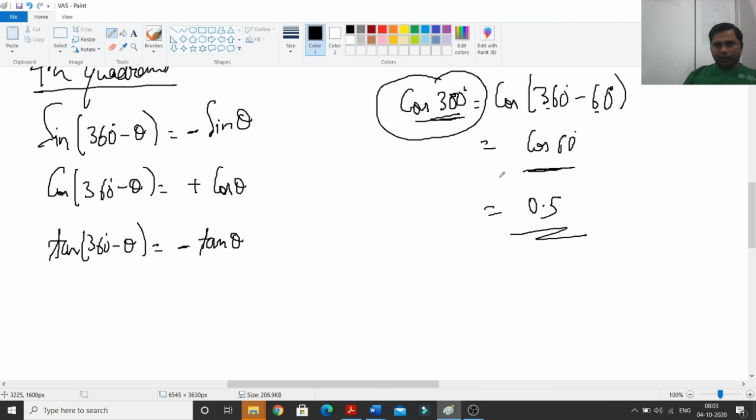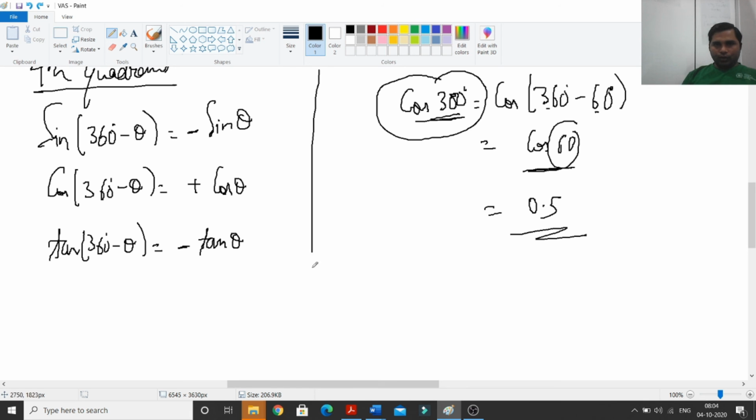But this method will be useful for you to understand that cos theta value is the same as cos 360 minus theta. That's why while solving problems, once we get the answer in the first quadrant, which is 60, the next quadrant will be 360 minus 60, which is 360 minus theta. So that's why you were getting 300 over there.